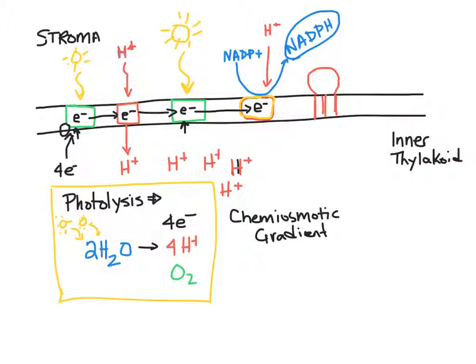Now, remember there's a proton channel here. Knowing that this is a cell membrane, and we learned about membranes being selectively permeable, but they were impermeable to ions, so protons can't naturally flow through. So what they do is if we open up a channel, those protons are going to start flooding through.